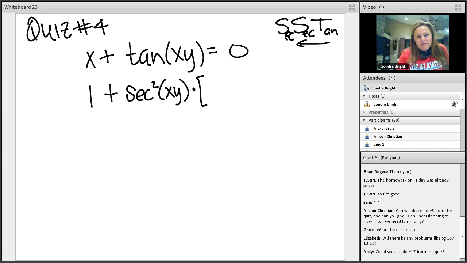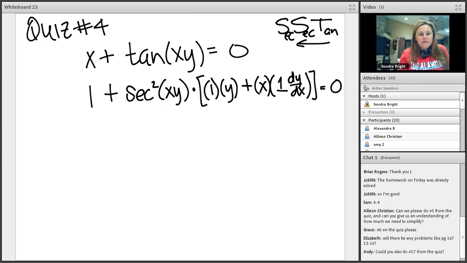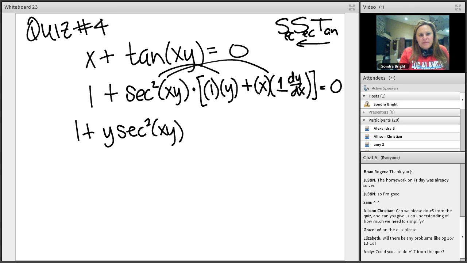So we've got derivative of x is 1, and then just times y, plus x times the derivative of y, which is 1, but with respect to x, so dy dx. And derivative of 0 is 0.